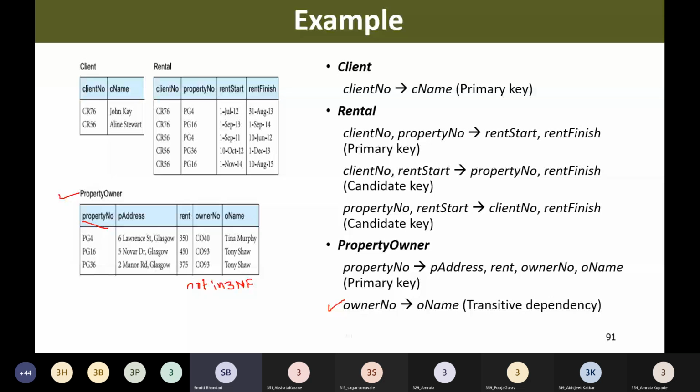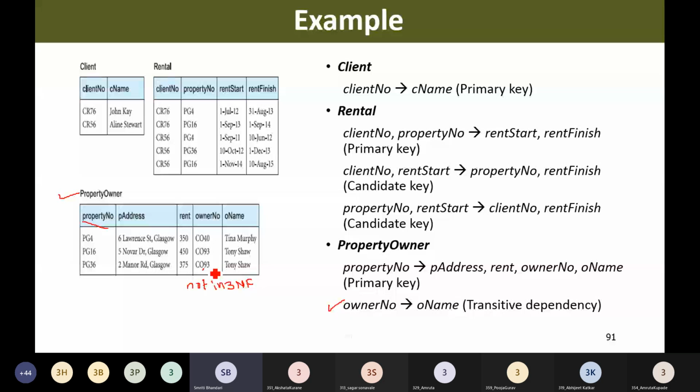And what is the disadvantage that this relation is not in 3NF? Please see here. As there is this transitive dependency, owner number, owner name. Say for example, if I want to change the owner name for owner number CO93. What I want? I want to change the name of owner having the owner number CO93.